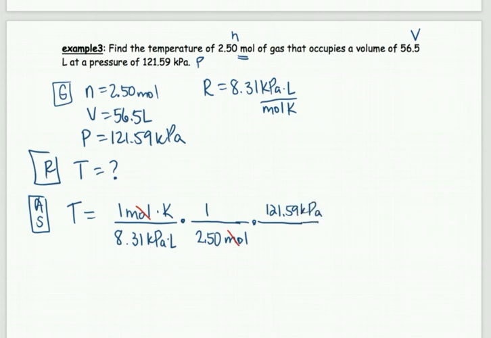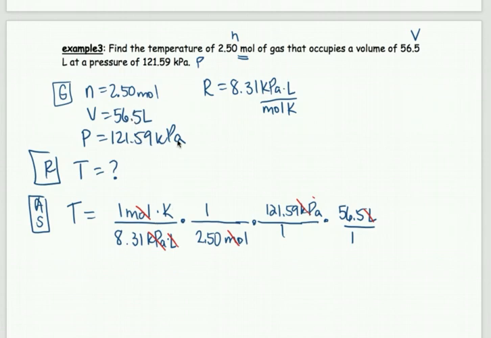Okay, so there it is. We want to get rid of liters as well, so same thing. We want to stack up the volume up here as well. Okay, and there it is. Liters is gone. All right, so now we're checking everything. Moles is gone, kilopascals gone, liters are gone, and we have kelvins up in the air. That's where we want it to be.